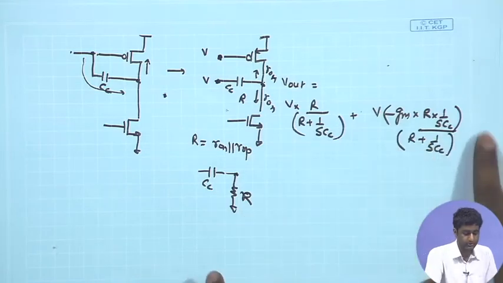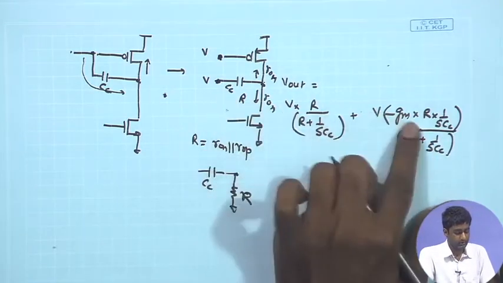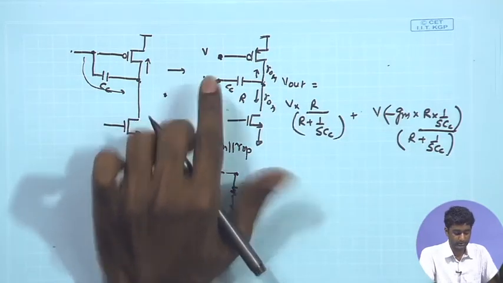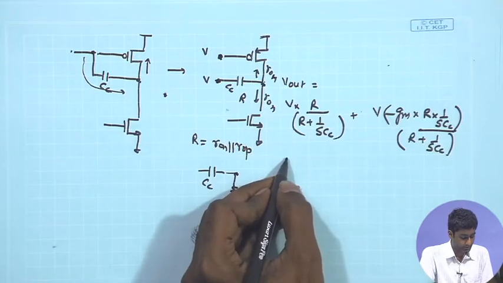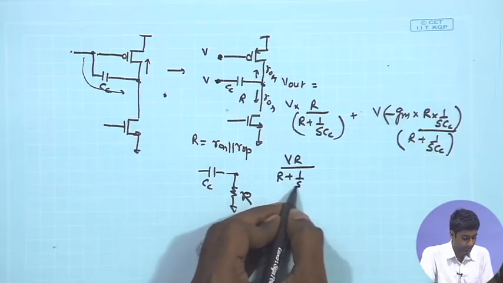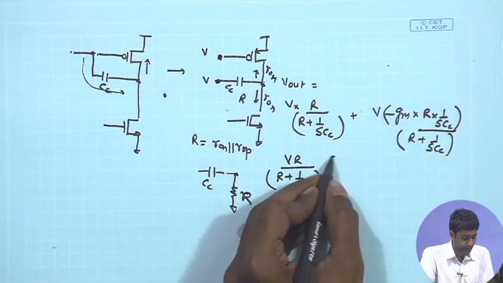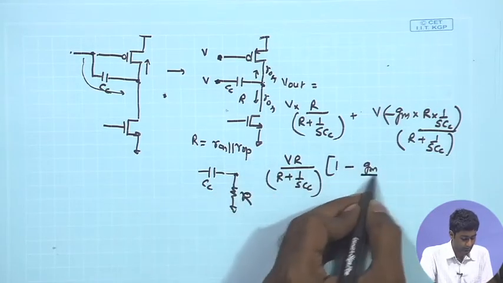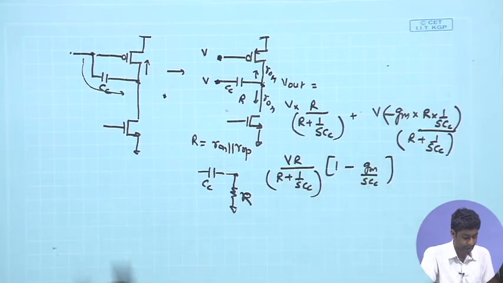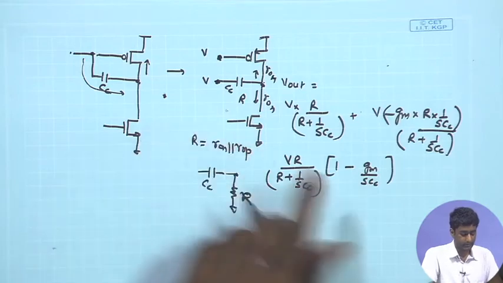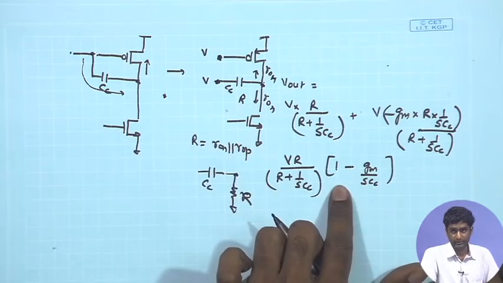So, this is the overall expression that you get because of the combination of these two signals at the MOSFET gate and at the input terminal of this capacitor. And then I can take out R upon R plus 1 upon SCC, and I have 1 minus GM times 1 upon SCC coming. So, from here we can see what is the value of the 0 that we were expecting.